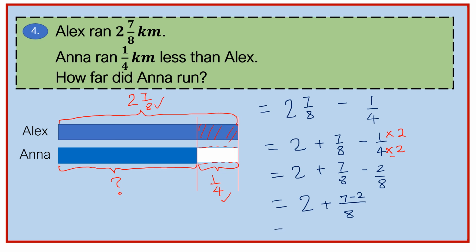So we get 2 plus 5 out of 8. This is equal to 2 and 5 out of 8. So it means that Anna ran 2 and 5 out of 8 kilometers.